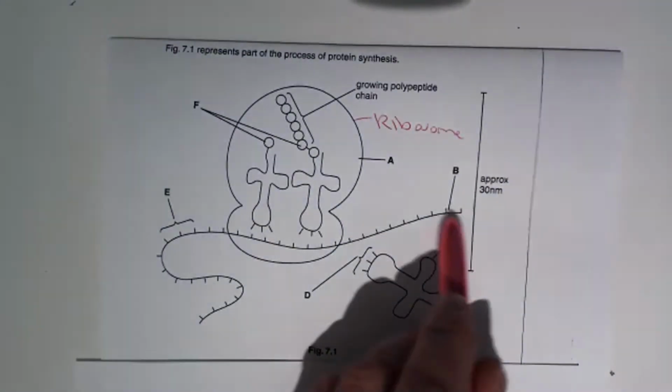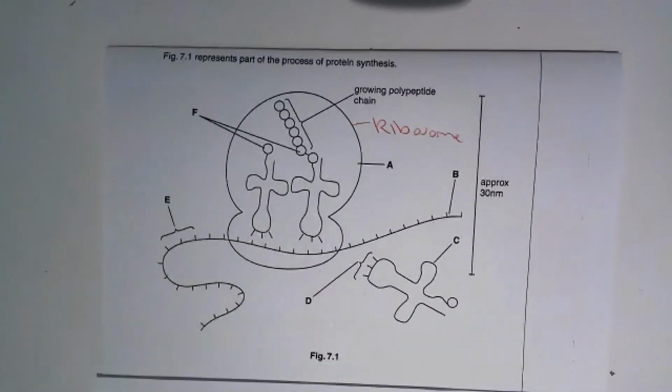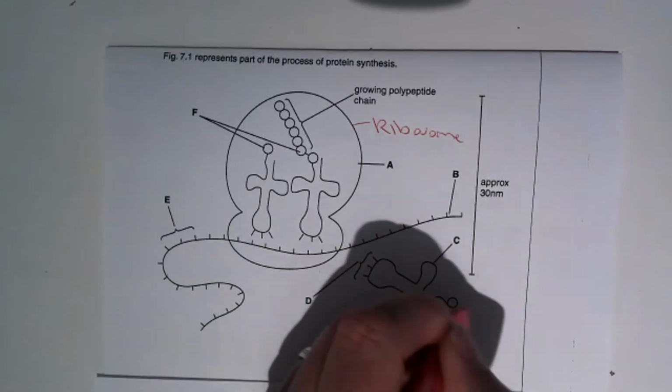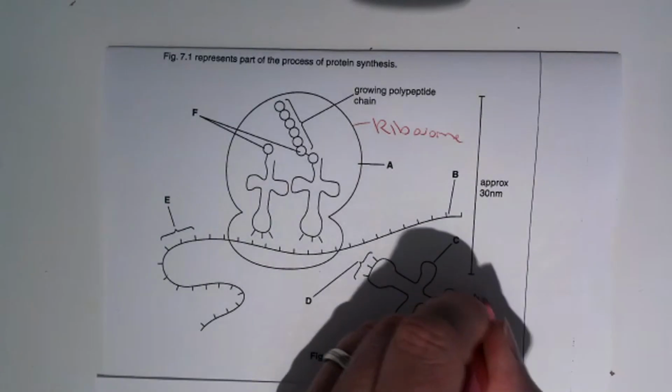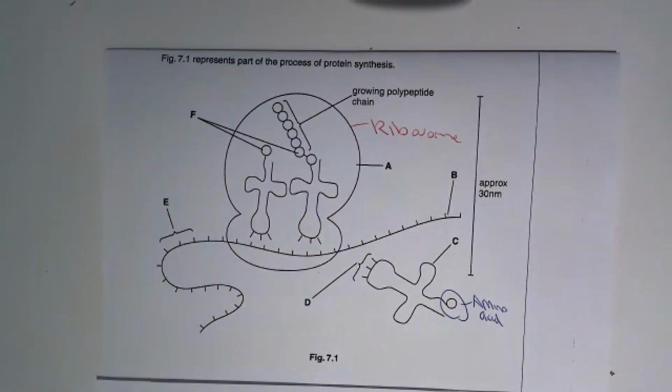Right, two types of RNA labeled B and C. So we're looking at B, and this is the part of the RNA that enters the ribosome, and the other structure C. This is RNA that brings in the attached amino acid and is freely floating around in the cytoplasm.